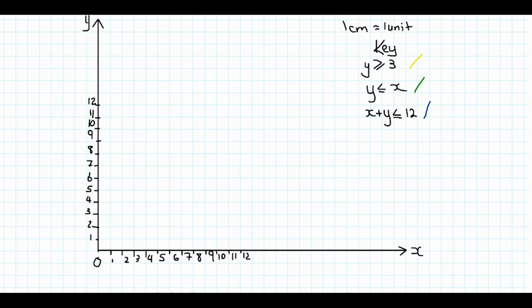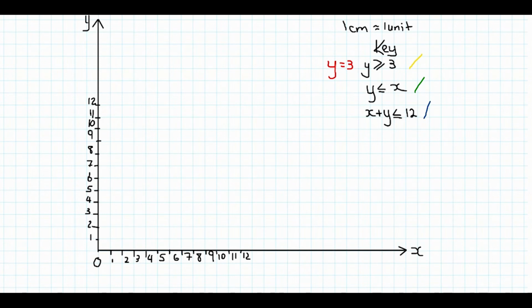So y greater than or equal to 3. Anybody here recall what is the associated linear equation with this inequality? Lovely. y is equal to 3.